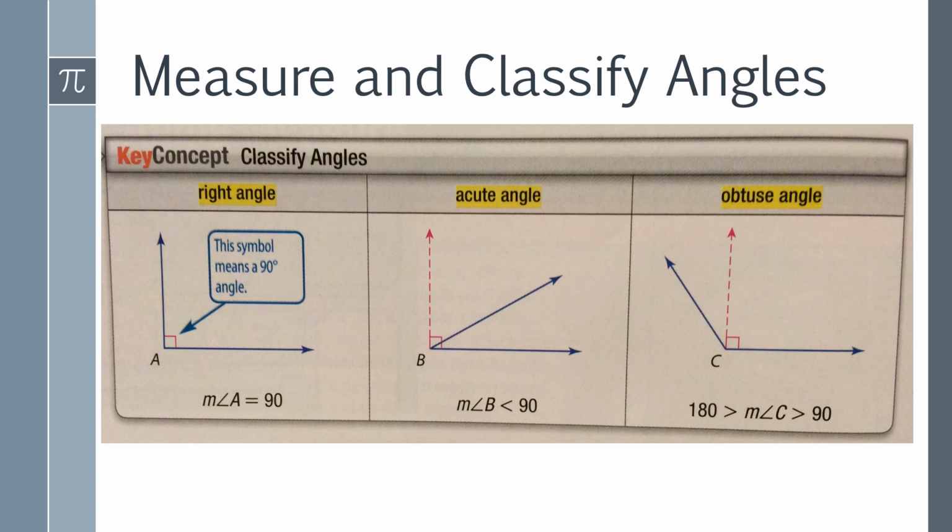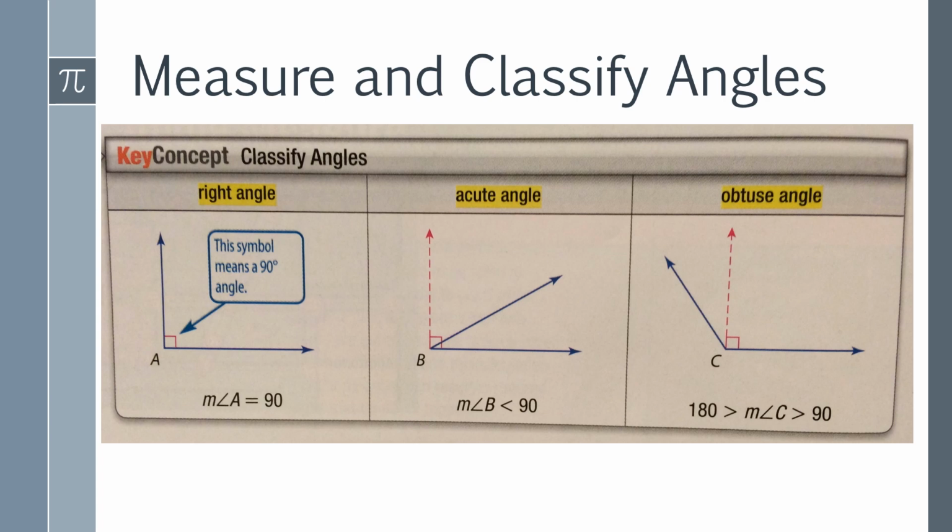An obtuse angle is between 90 and 180 degrees. So a right angle is 90, an acute angle is less than 90, and an obtuse angle is greater than 90.